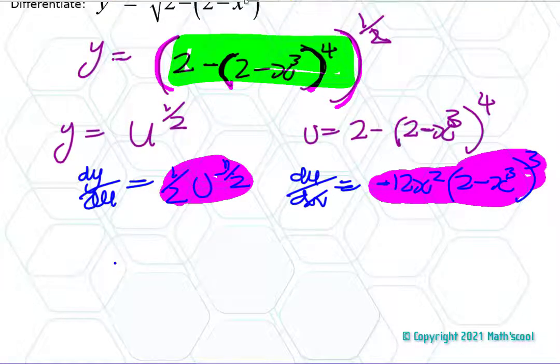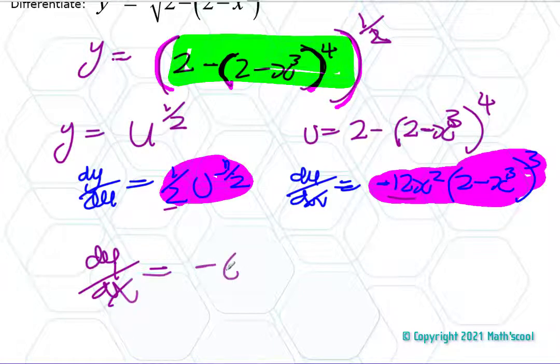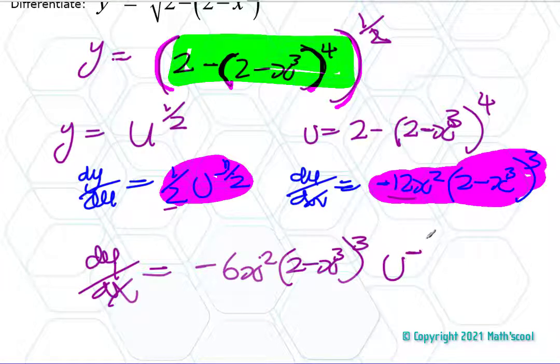So dy by dx is going to be a half times minus 12, which is minus 6x squared (2 minus x cubed) to the power 3 times u to the minus a half, and then I'm going to stick back in what u stood for, which is this.